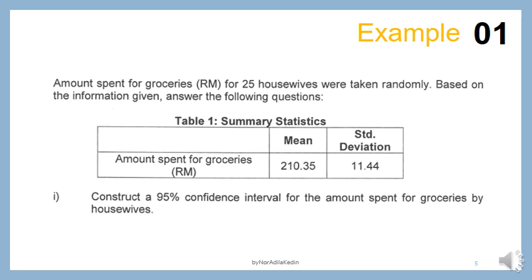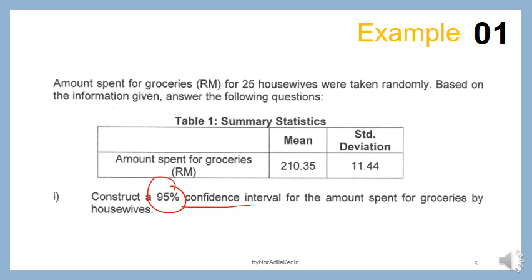So the amount spent for groceries in RM for 25 housewives were taken randomly. Based on the information given, answer the following questions. So you were given amount spent for groceries, their mean and standard deviation. So the question asks you to construct a 95% confidence interval.